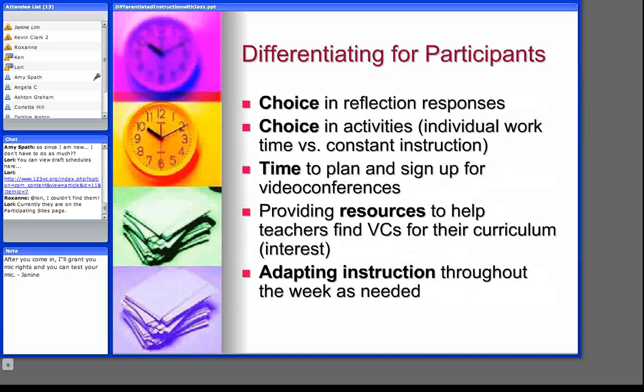Then we have how do we differentiate for participants? So there's a couple of ways. One is choice and reflection responses. It's always good to give people time to reflect on their day, but giving them some choice in there is always good. Choice in activities. Sometimes they want individual work time instead of constant instruction.